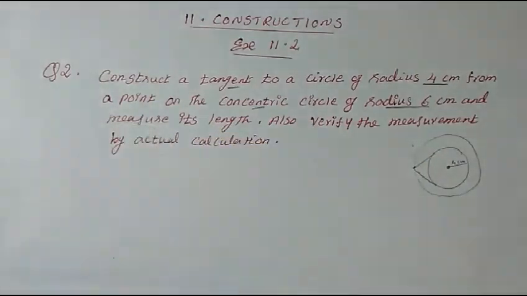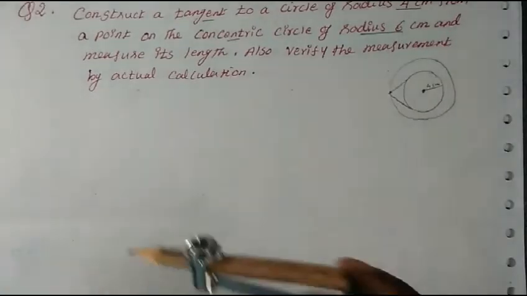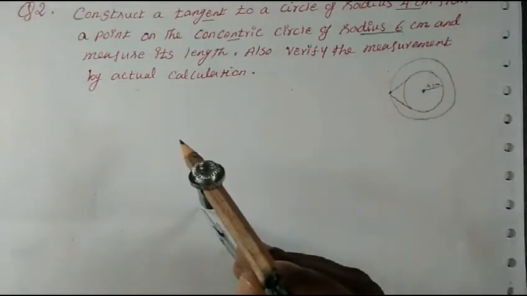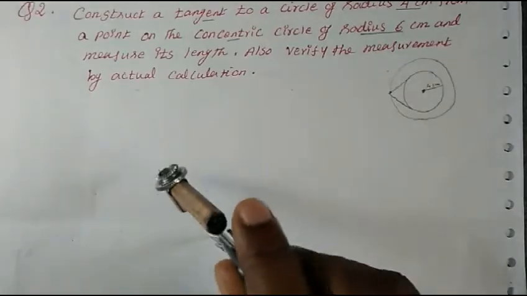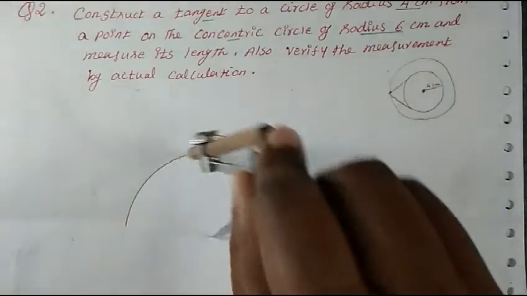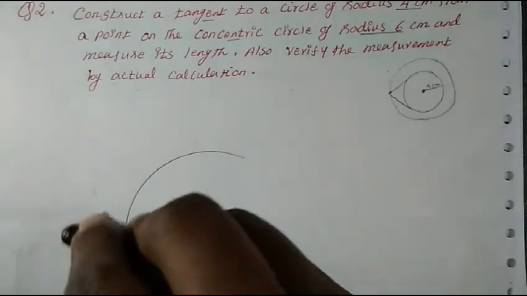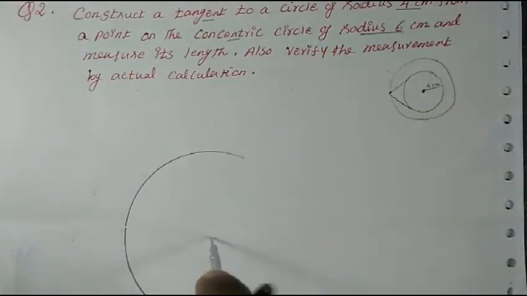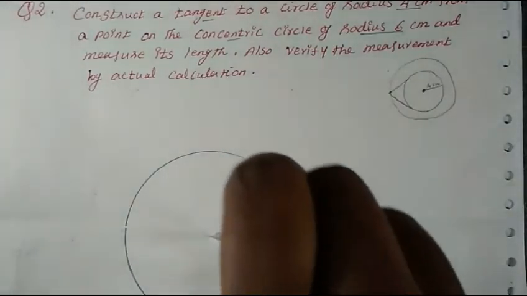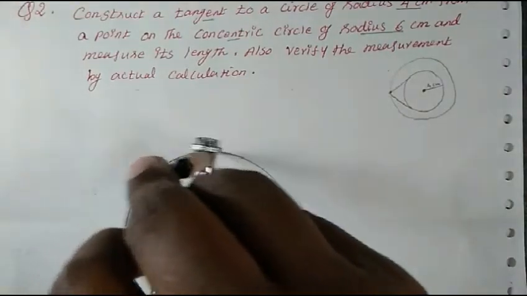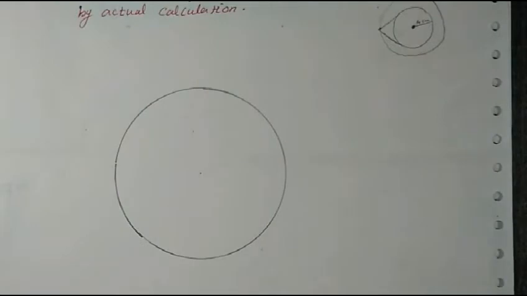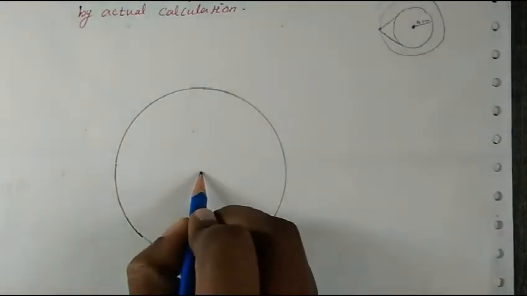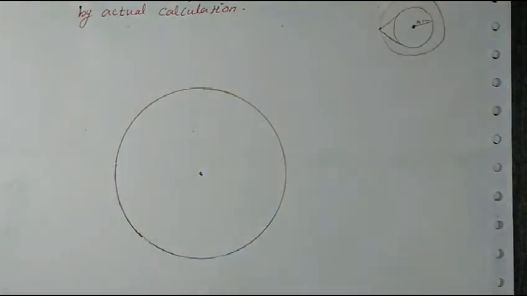With 4 centimeter, let's draw a circle now. Okay, so we have drawn the circle of radius 4 centimeter.